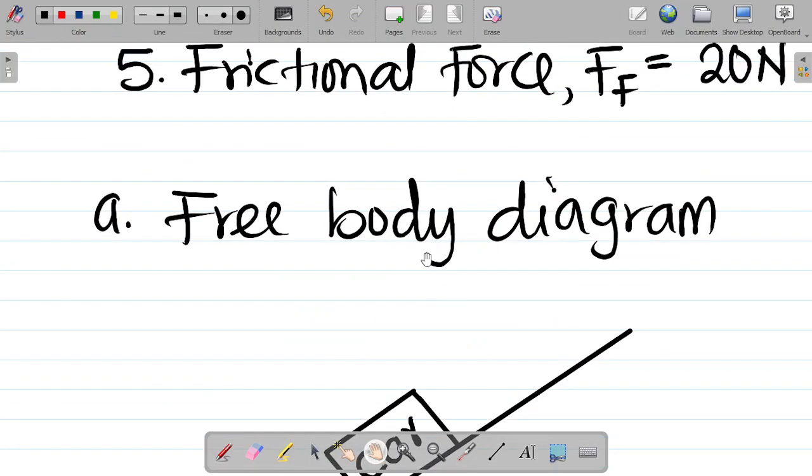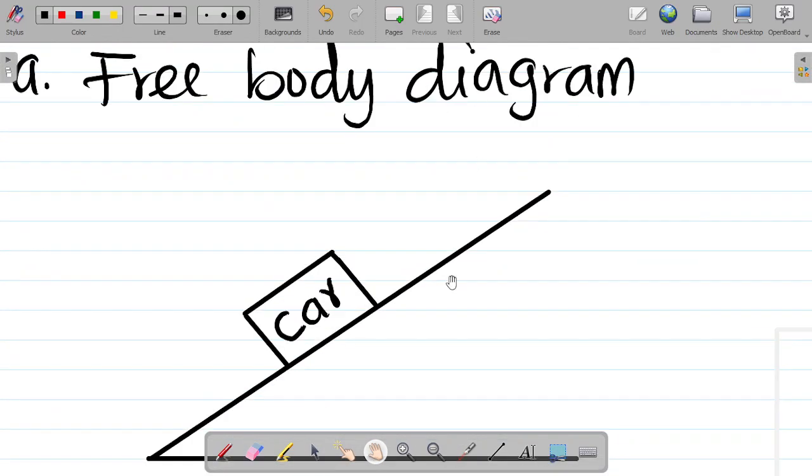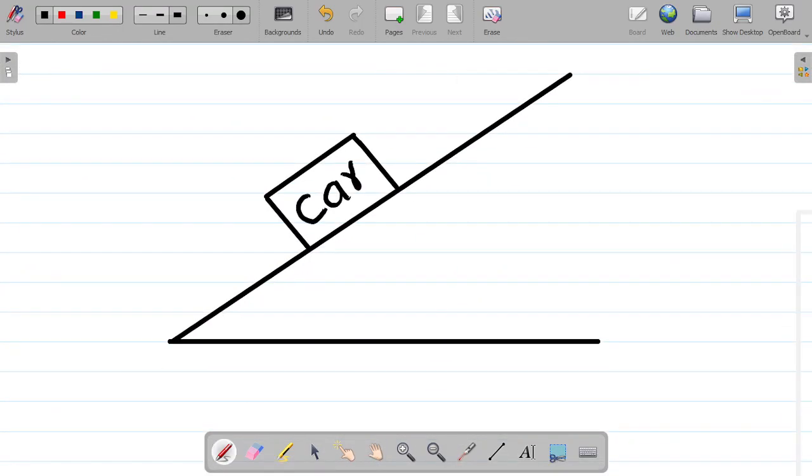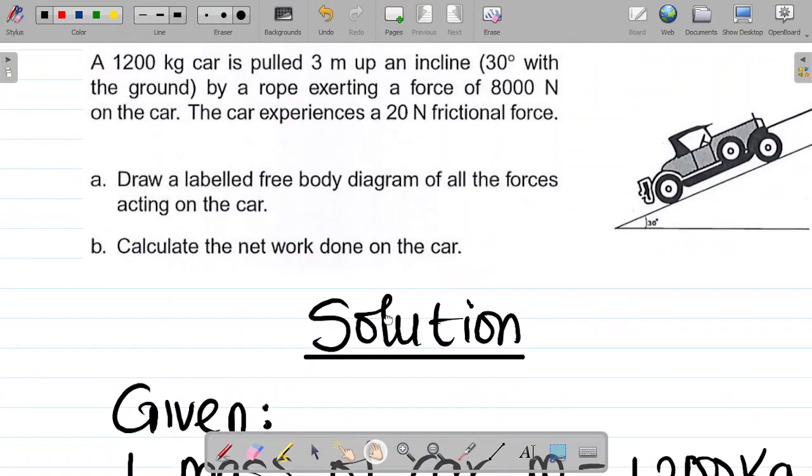That's the car there. What else do I have here? 30 degrees. Your slope here is about 30 degrees. Let me bring them closer.